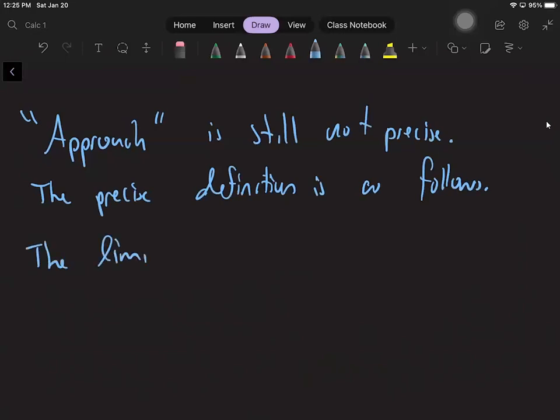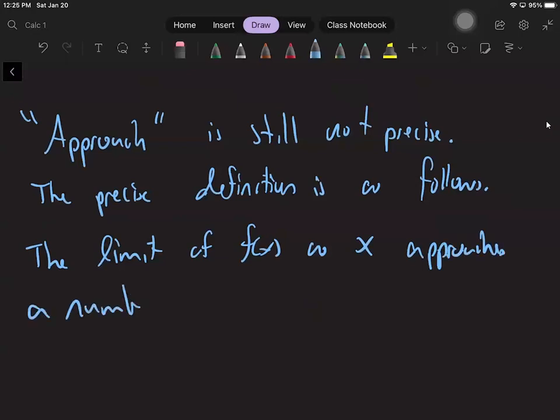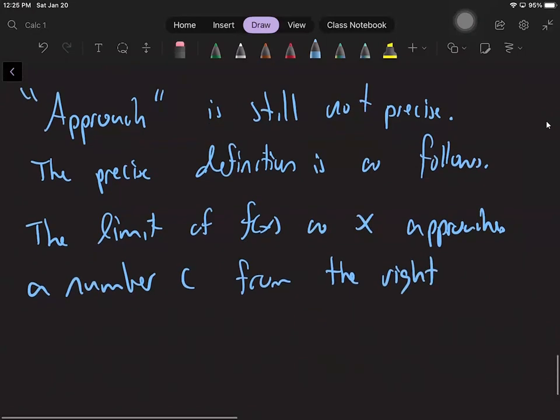The limit of a function as x approaches a number c from the right. So again, the word approaches is not precise, but we're using it.